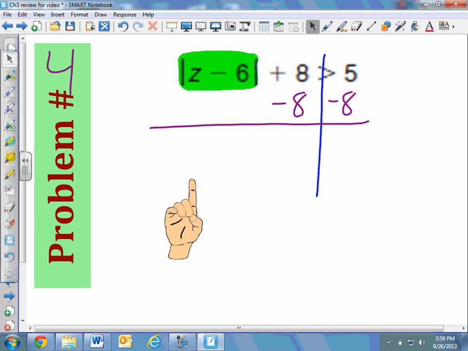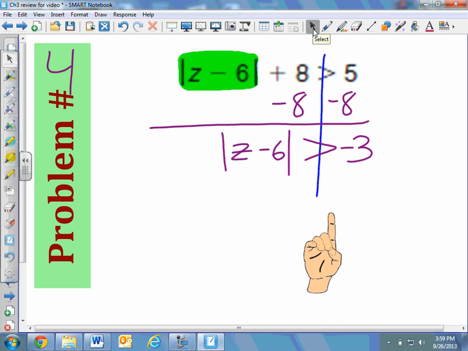Now I'm going to rewrite what I have left over. Absolute value, z minus 6, absolute value, greater than negative 3. Okay, you're done. But guess what? Big, big red flag. Why is this a big red flag? So look at this.